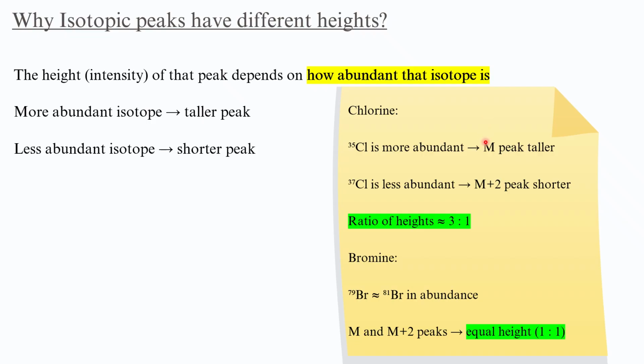This means the M peak will be 3 times higher than the M plus 2 peak, whereas in bromine it is exactly equal.